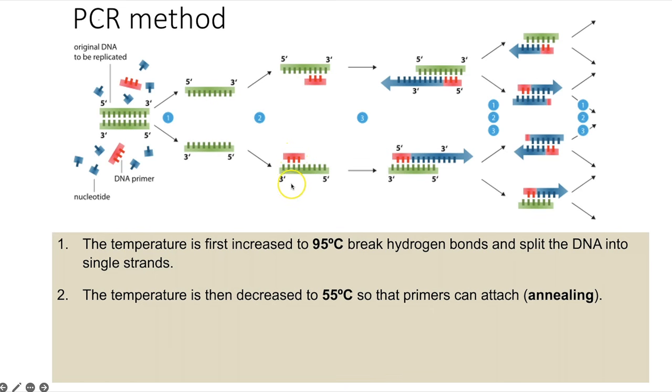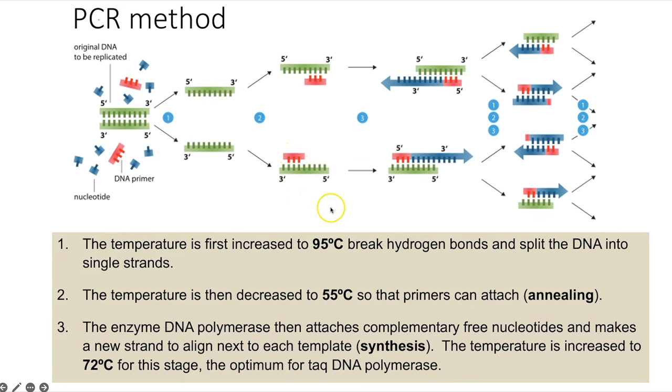The enzyme DNA polymerase will then attach, and the free-floating DNA nucleotides can align opposite the complementary base pairs. DNA polymerase will then catalyze the formation of phosphodiester bonds between adjacent nucleotides, and that's how we get the synthesis of the new DNA strand.